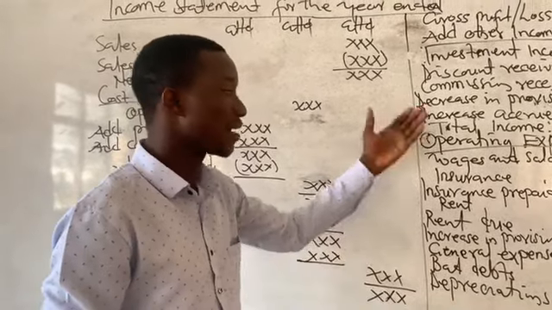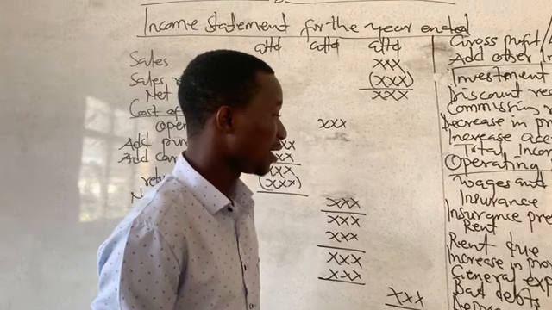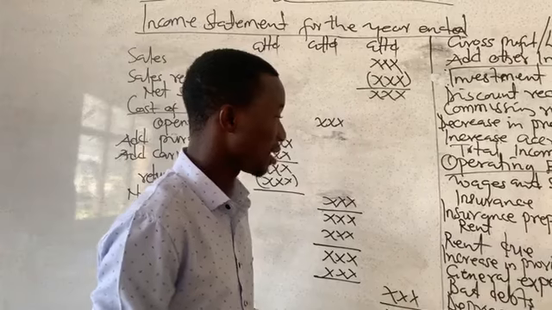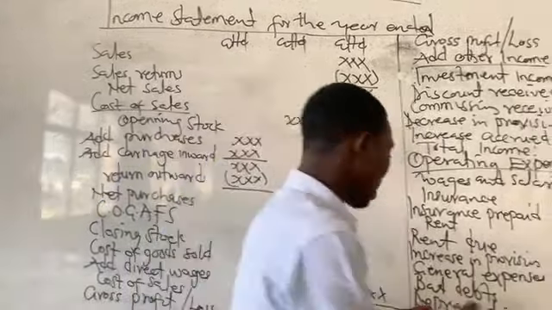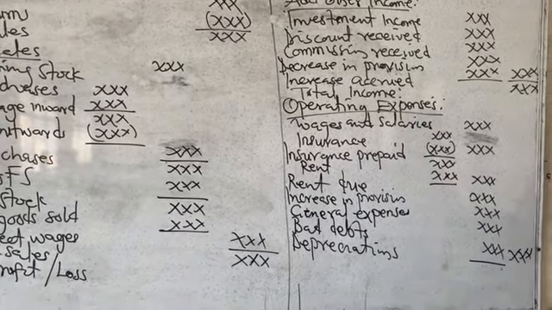And you may also meet other expenses that you may add here. And if there is a revenue prepaid or income prepaid, it will also be treated as an expense. But let's consider this amount and the total expenses will be written here.